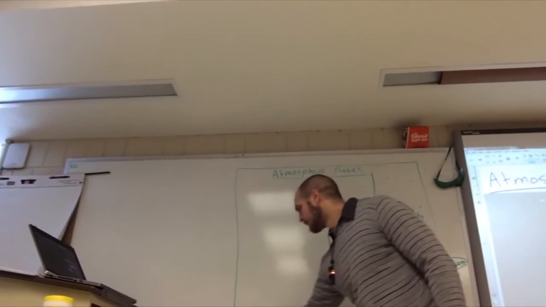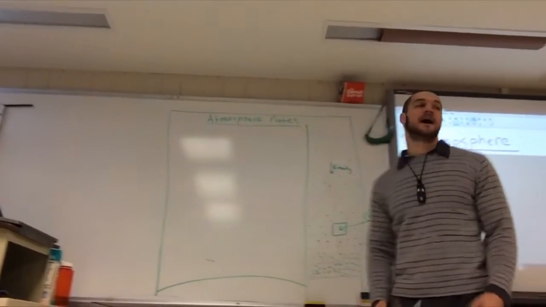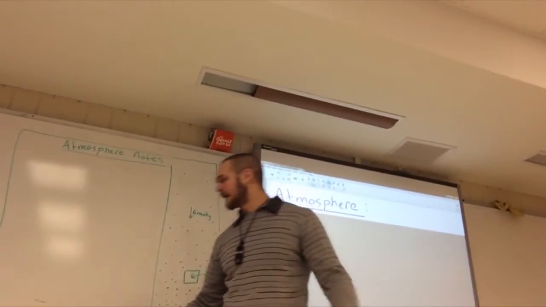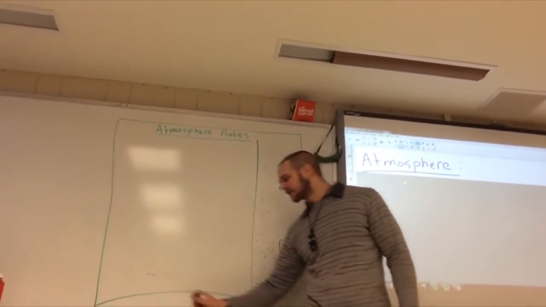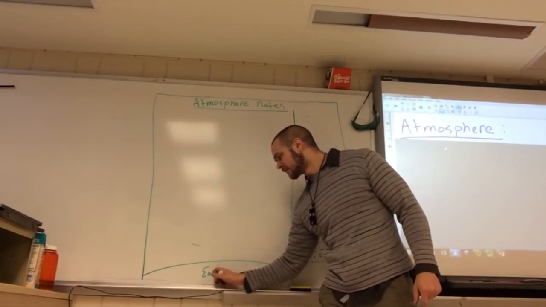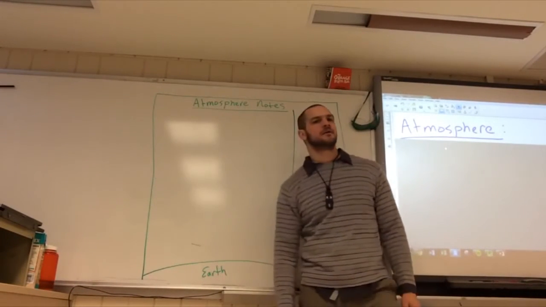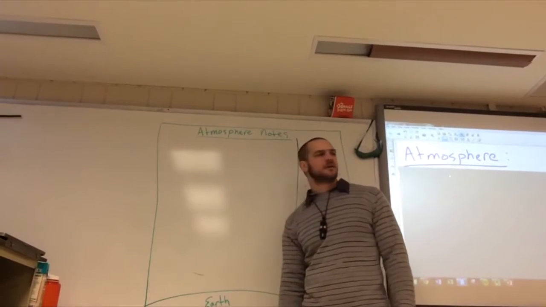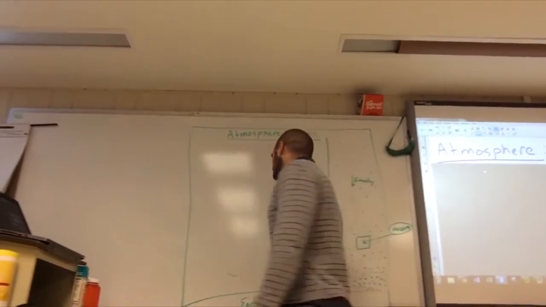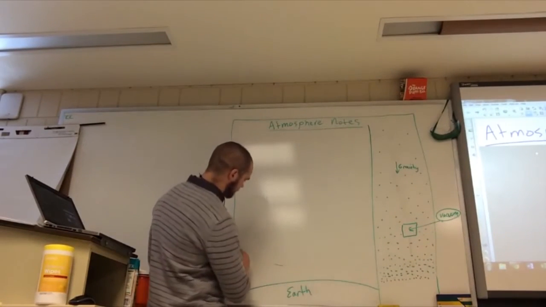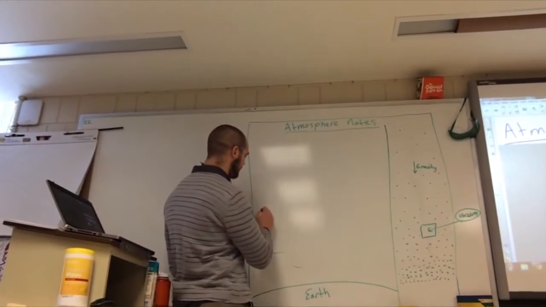The bottom of my page, if I'm sitting in this class taking notes, I would actually put a little rounded spot and call that the Earth. And I would start right there. Here's the Earth. Okay? Now as we move up, we'll have these different layers.